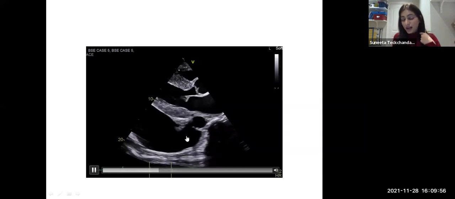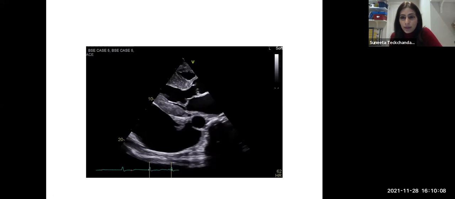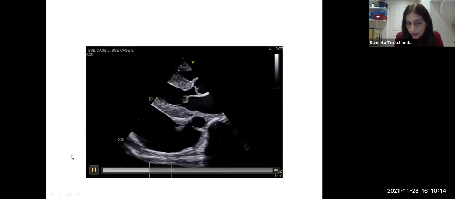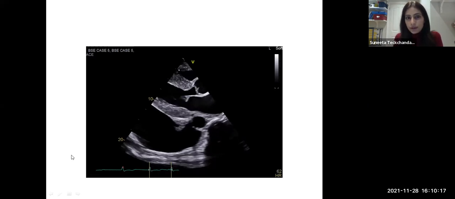So this is a left-sided pleural effusion. On that X-ray, if you remember, we noticed a right-sided effusion, but the gentleman also had a left-sided effusion, because there was quite some haziness there. So again, more or less consistent with heart failure, having bilateral effusions.